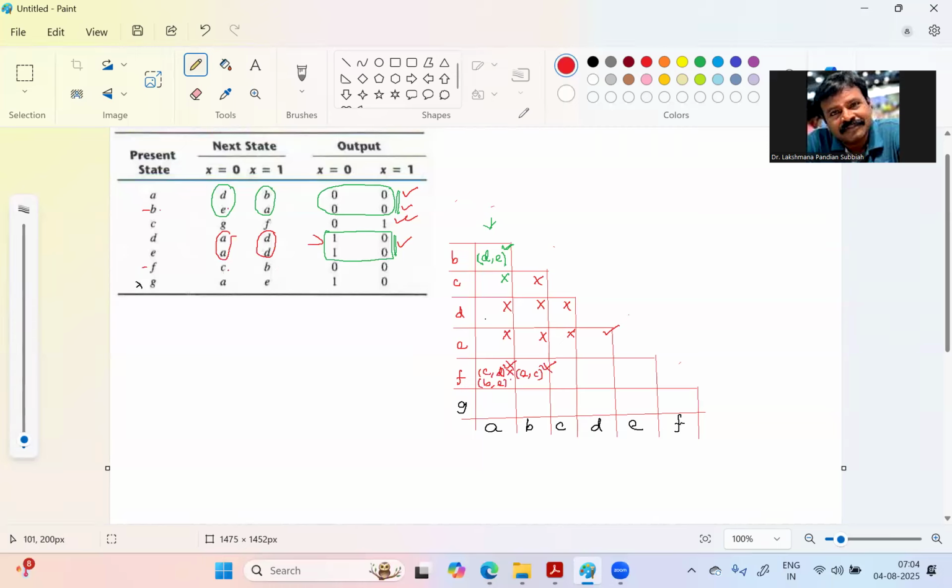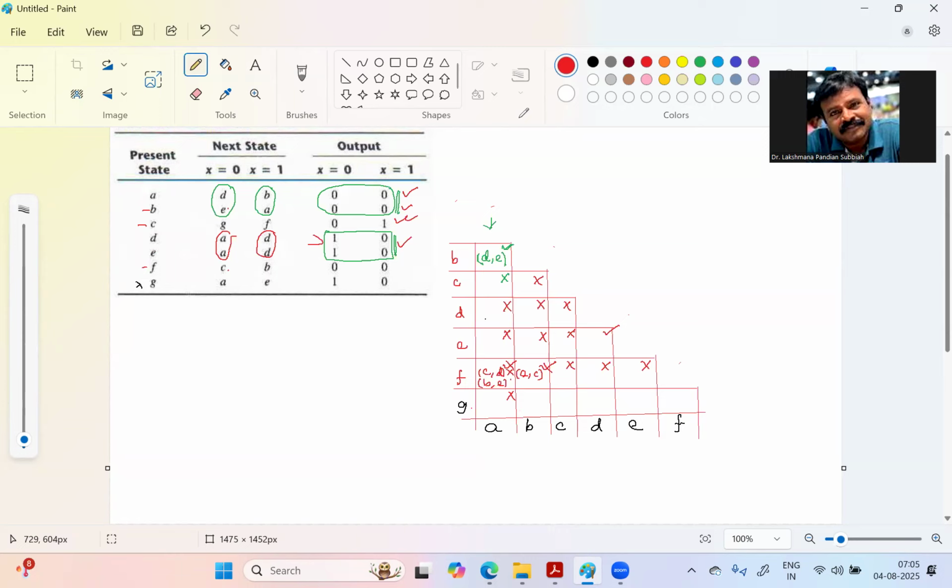Now C and F: C and F are different, so not a pair. Then D and F are different. Then E and F are different. Next, AG: A and G are different.